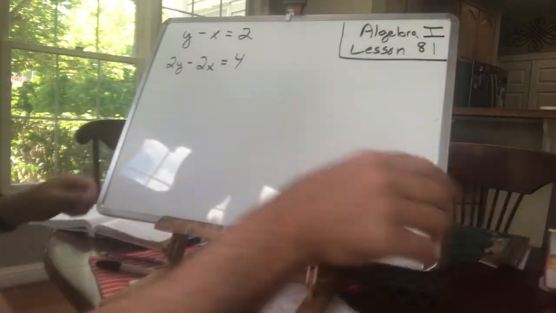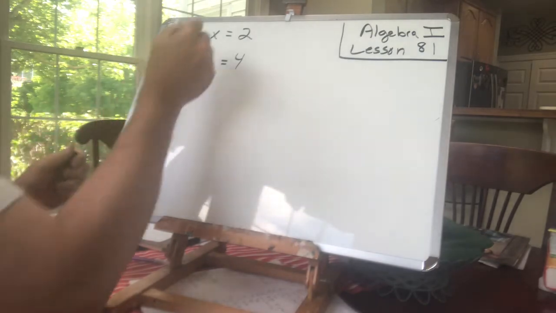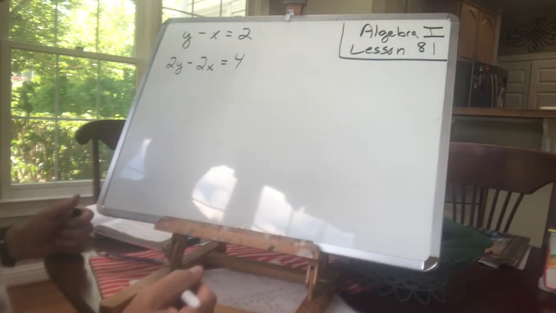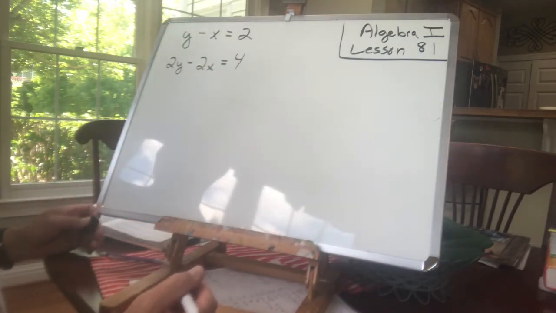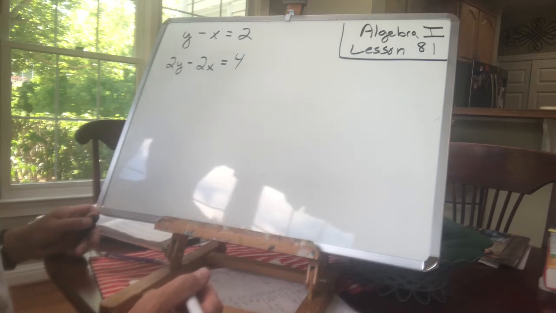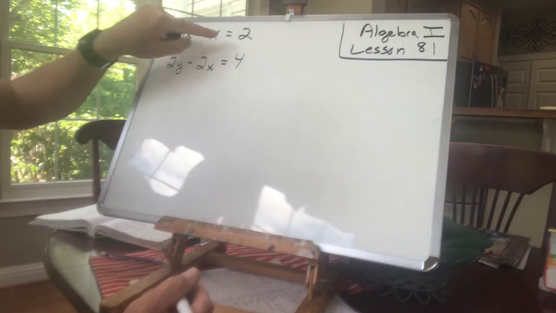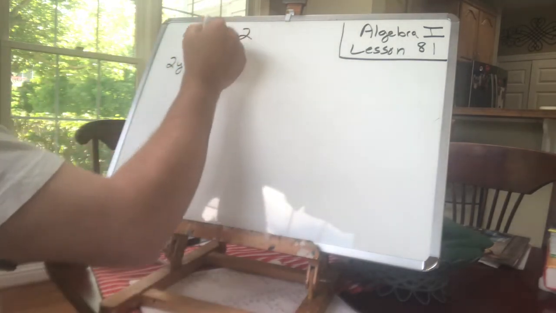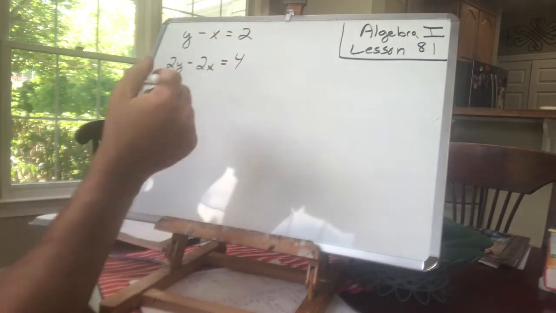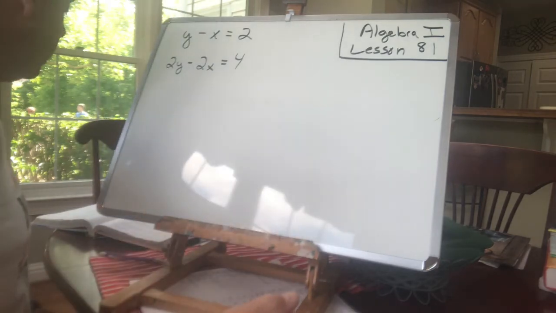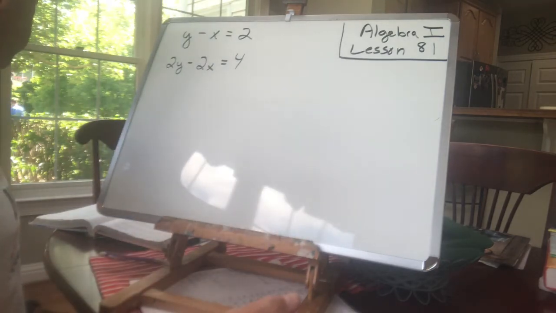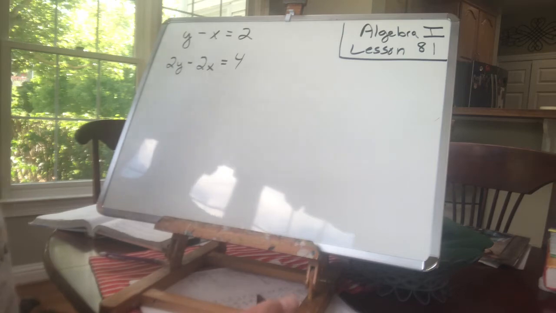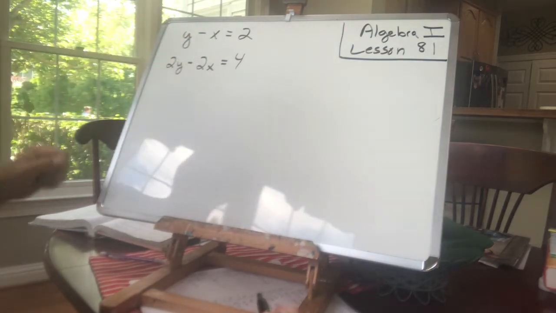Now I'm going to do the elimination method. You need to know how to do both methods. We have the same two equations. Now I'm going to have one of these, it doesn't matter which one, be the opposite of this one. So in the book, what did they do? They made this one up here positive 2x.